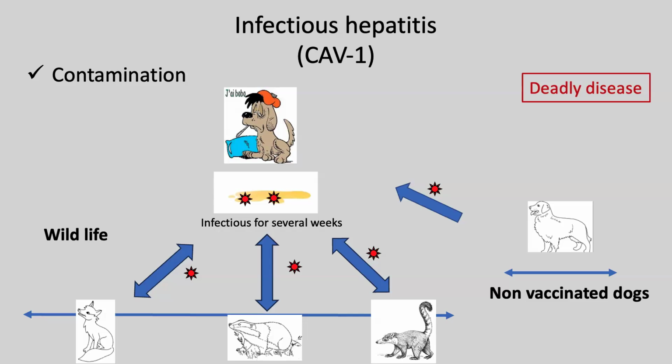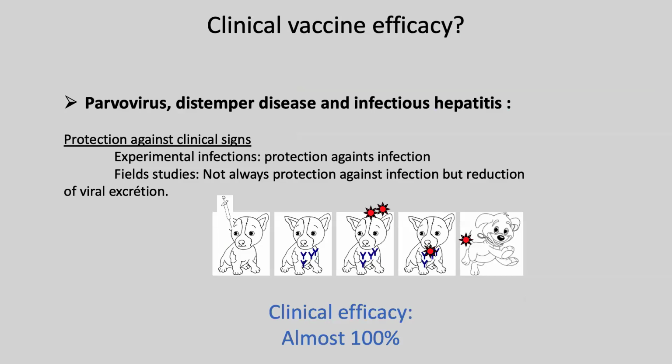So now that we have seen the risk for the dogs, the question is, what are the clinical vaccine efficacies? If we make a rapid round of parvovirus, distemper, and infectious hepatitis vaccines, it has been clearly demonstrated that those vaccines confer protection against clinical signs.